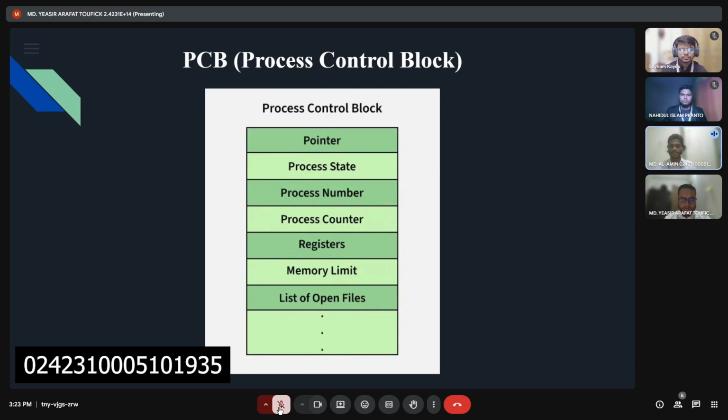The input output status is the list of open files and input output devices assigned to the process, which the execution depends on. Accounting information is the CPU time used, runtime, time limits, and so on. When the process changes state, the operating system updates the PCB. It keeps track of everything.